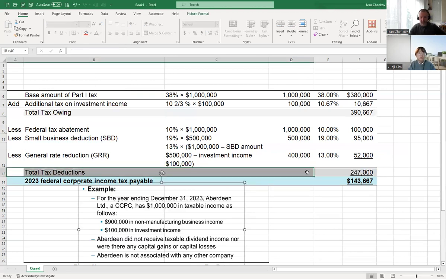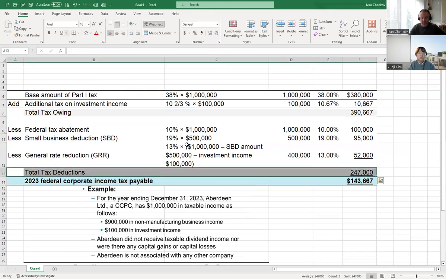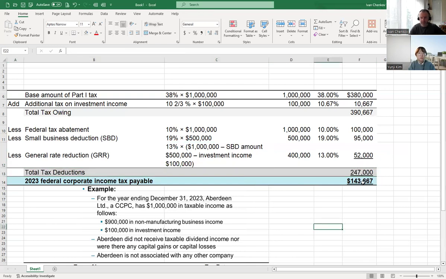And federal tax payable for that year is that much, because it's coming from that number. Right, we have our calculation. This is for this company, for this example.